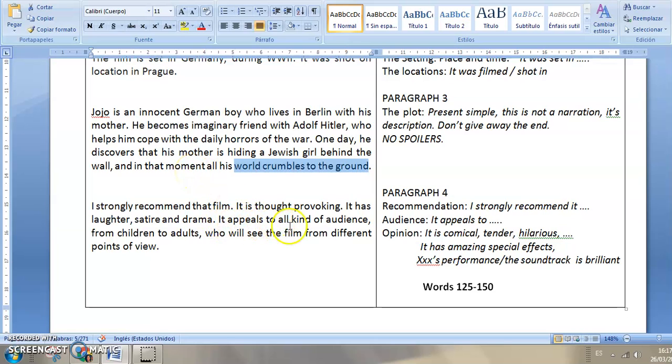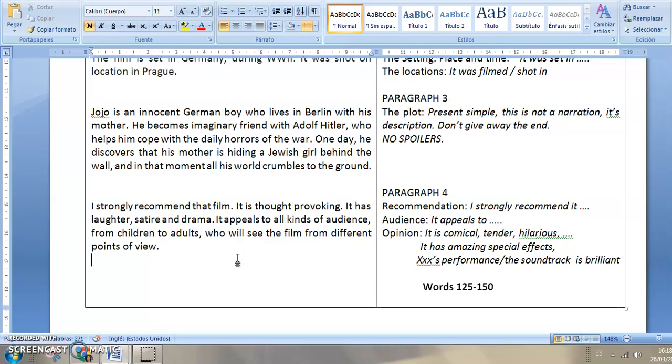It appeals to all kinds of audience, okay? It appeals to anyone, from children to adults who will see the film from different points of view. That's my humble opinion about it, okay?